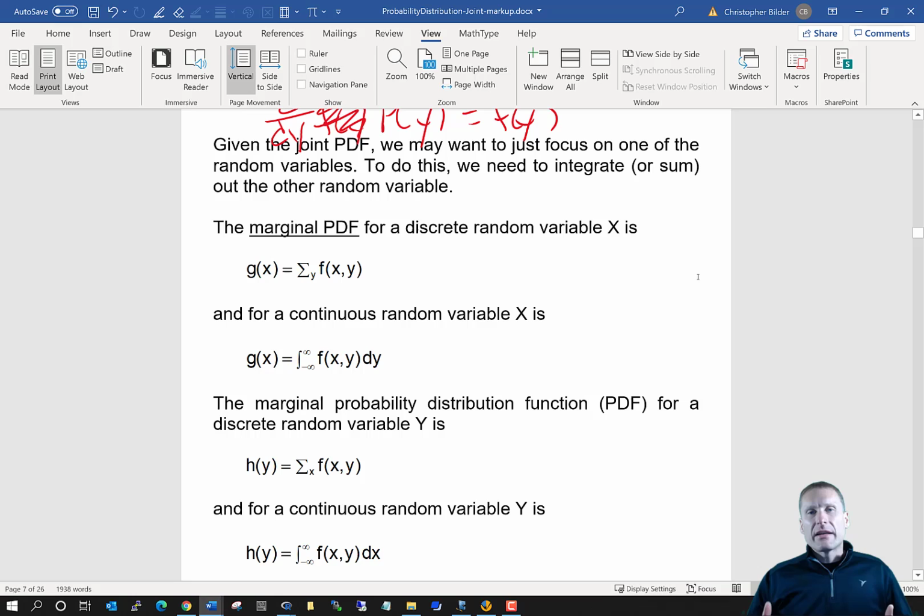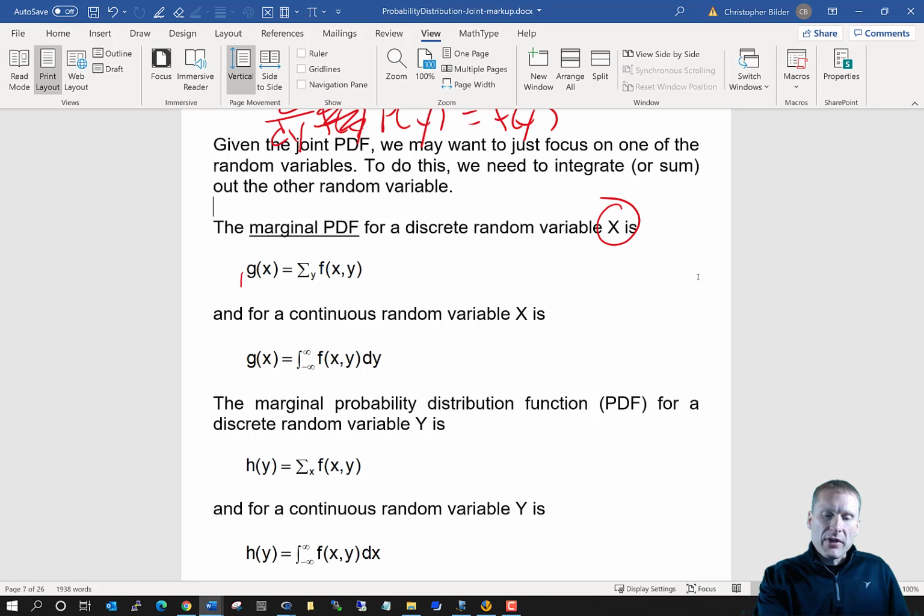Now, let's say that we're interested in maybe just one of the variables rather than both. Could we just look at one of the variables and look at probabilities associated with that? And the answer is yes. The way that you do that is you look at what's called the marginal PDF. So let's say that I'm only interested in x for some particular reason.